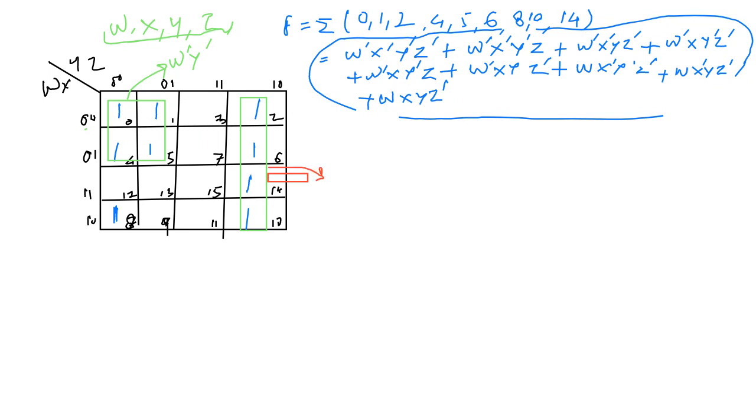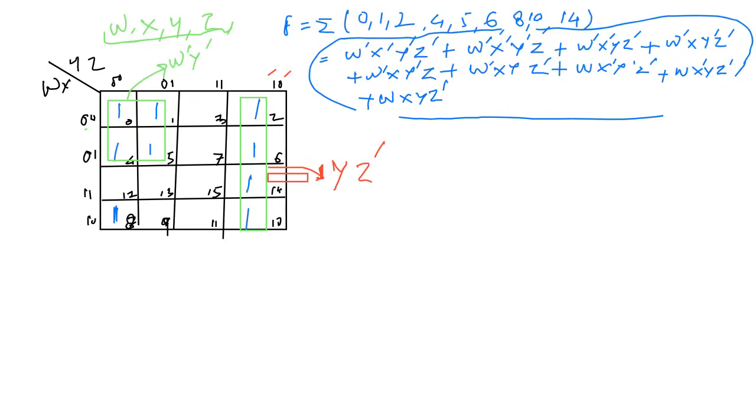It was by mistake, yeah, Ali, it is a problem with my pen. Okay, you don't need to write this box. So with wx neglected for all four rows, y has 1 and z is 0, so it will be y. 0 is z dash. Sorry, only one is left.